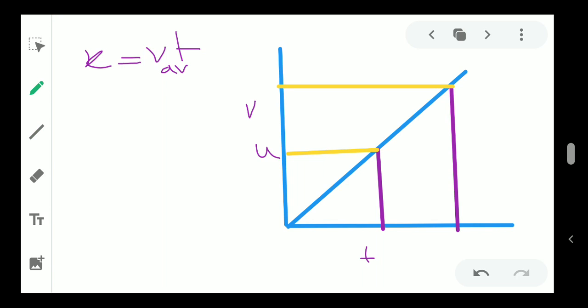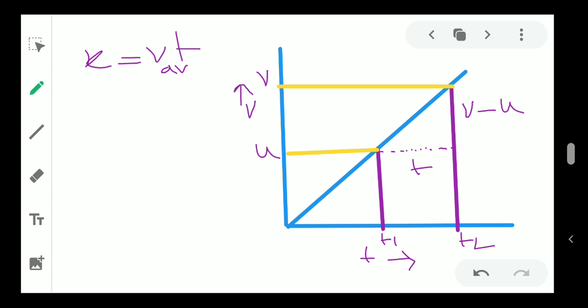So the initial is u and the final is v, and this v and this t are the general axis labels. That means this is the triangle I am considering. That one is my v minus u, and that is my delta t, or I can say that delta t is my t. So t1 minus t2 is t. I have taken this as t for simplicity.